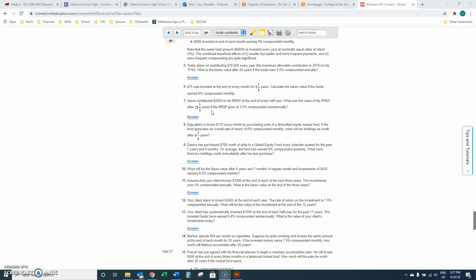When I jot this down on my notes, I write down N equals 12 and a half times 2, which is 25, because N is the number of payments, and he's making a payment twice a year. So it's 12 and a half years at twice a year, so it's times 2 equals 25. And it grew at 3.5% compounded semi-annually. So we know the interest per year is 3.5%.